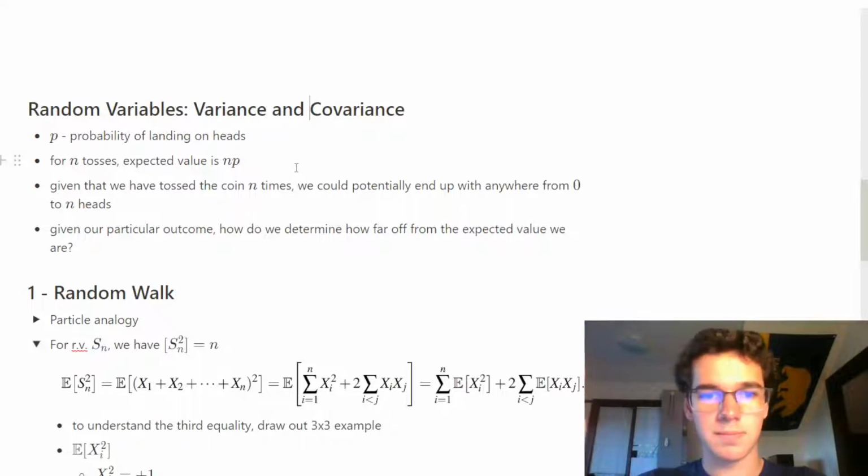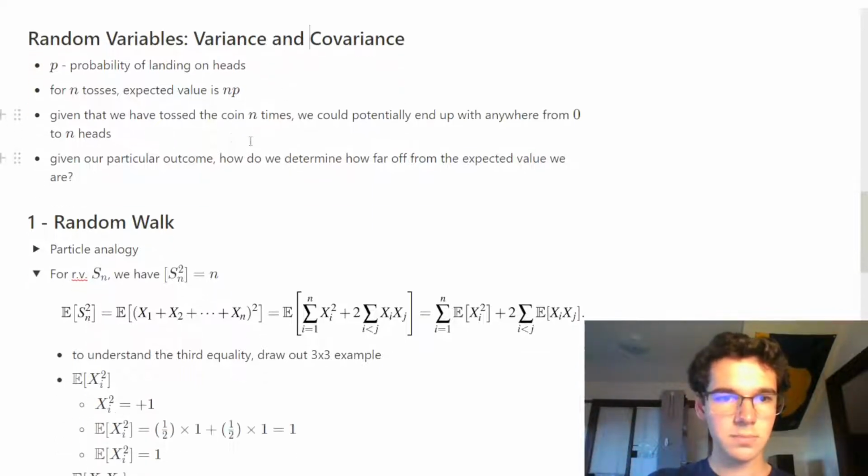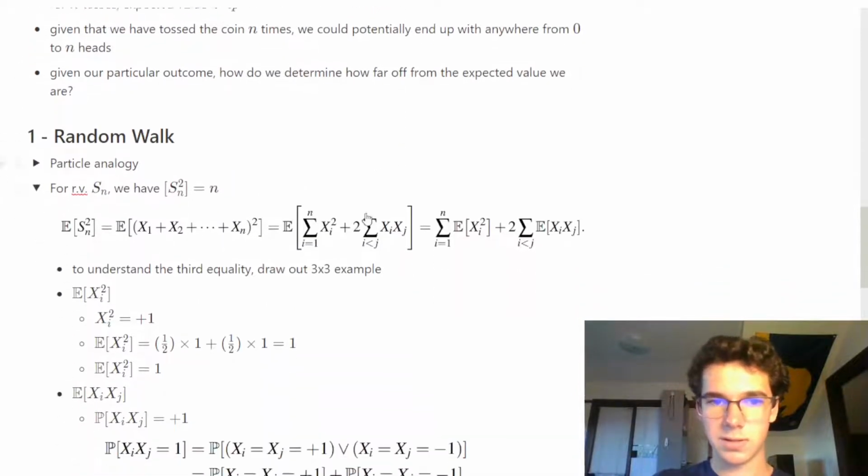The probability of landing on heads is 1 over 2. That means we would expect 2 heads in our final output of 4 tosses. So given that we have tossed the coin n times, we could potentially end up with anywhere from 0 to n heads. Right. So given our particular outcome, how do we determine how far off from the expected value we are? That's where variance and covariance comes in.